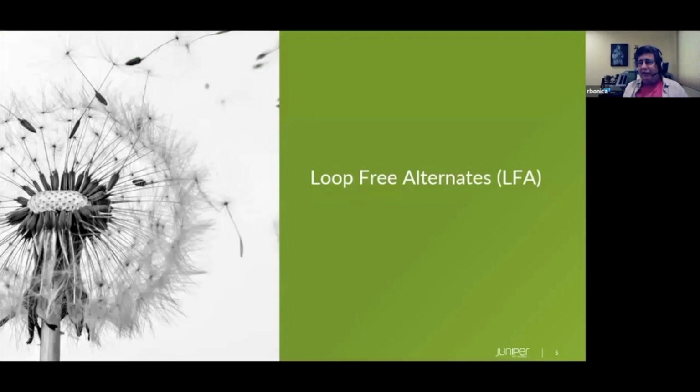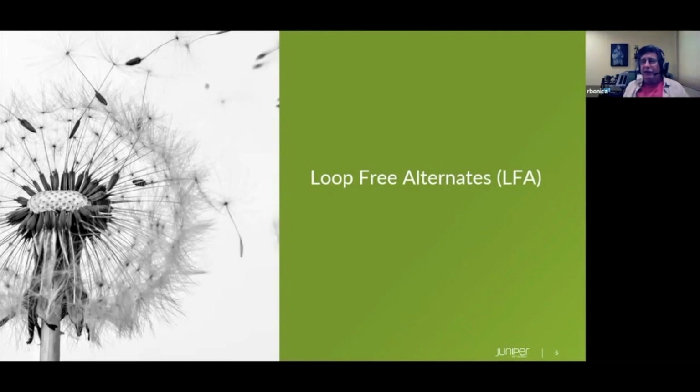So let's take a little look. What we're going to do is take a look at all three fast reroute solutions, LFA, RLFA, and TI-LFA. We're going to take a look at a reference topology and take a look at, first, how a repair node is selected and how we use it.